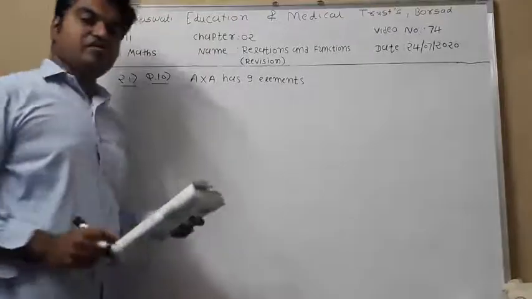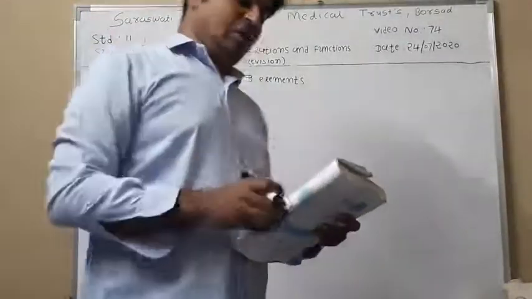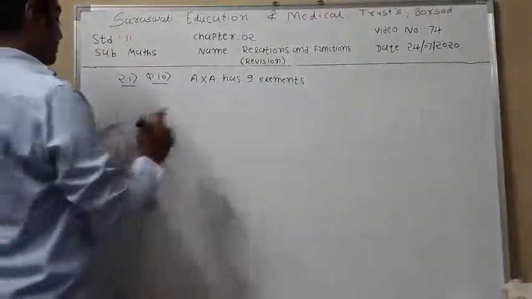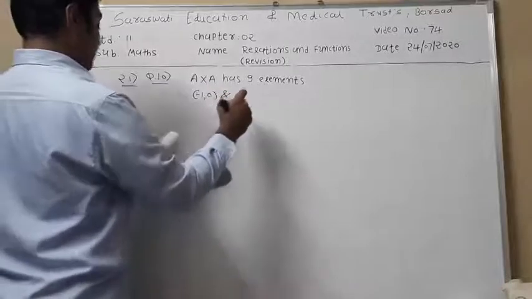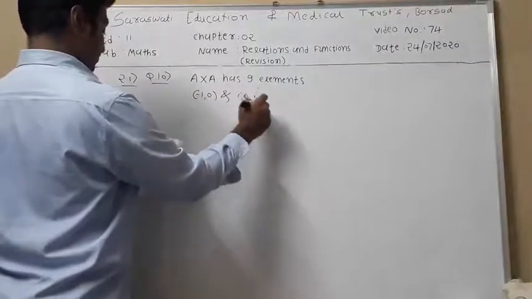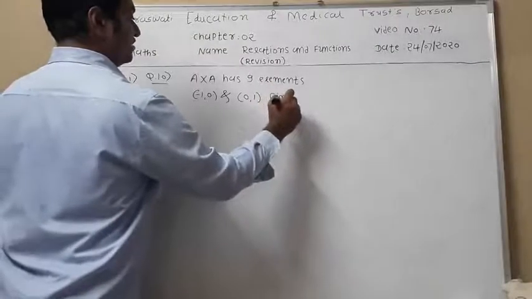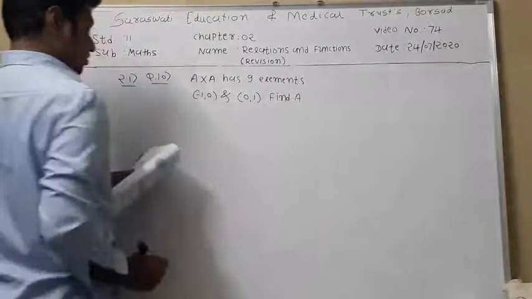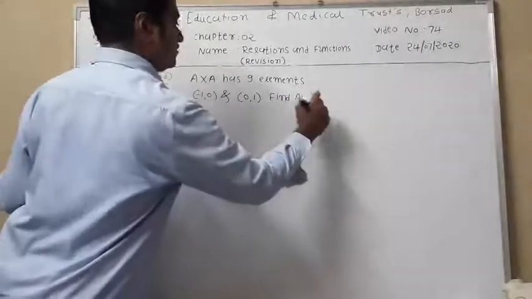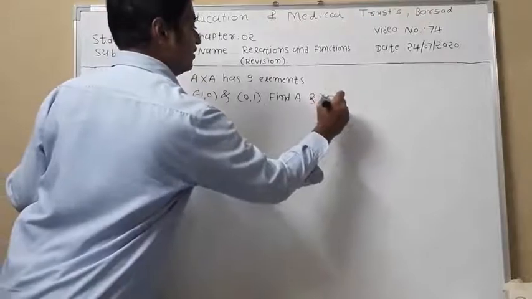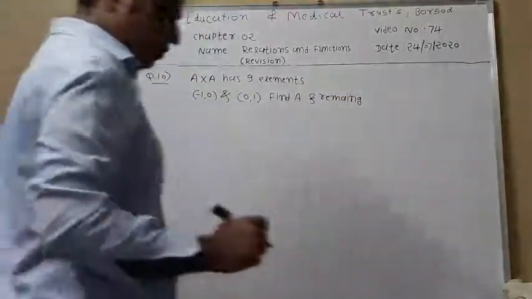That means we can find out A Cartesian product A. So here we get 9 ordered pairs, among which two are found: (-1, 0) and (0, 1). Find the set. Two questions are asked over here. First question, find the set A, and second question, find the remaining elements of A Cartesian product A.